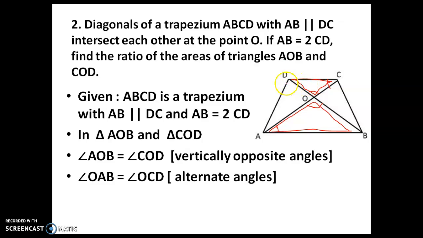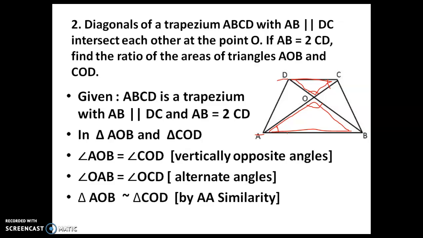Why? Because CD and AB are parallel lines, and this is a transversal passing through them, so these are alternate angles, which are equal. Then, if in two triangles two angles are equal, we can write that these two triangles are similar by the AA similarity criterion.